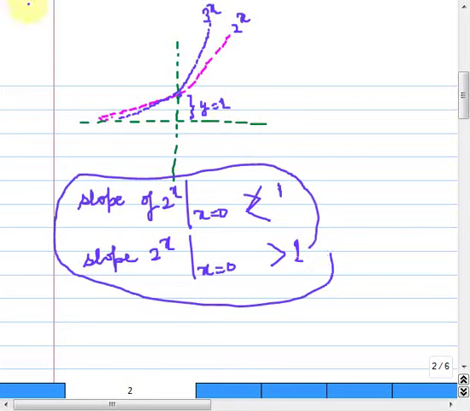This will be the slope line. I am drawing an approximate slope line at this graph and the slope of this graph. So m is less than 1 and m is greater than 1, where m is slope.